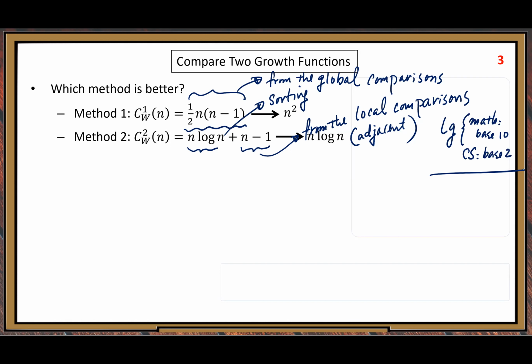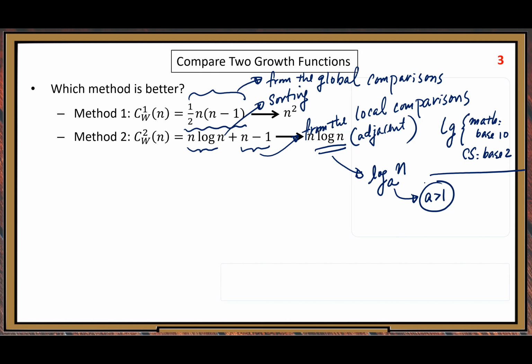So here there is a hidden log base. We assume there is a log base a. This a we do not specify, but we want it greater than 1. That's the only requirement.